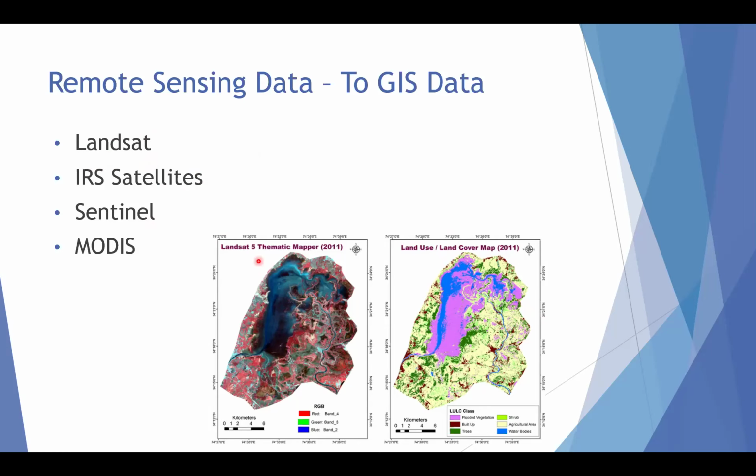You apply a classification algorithm to the remote sensing data, and you get a thematic map, that is land use land cover. So this becomes GIS data.